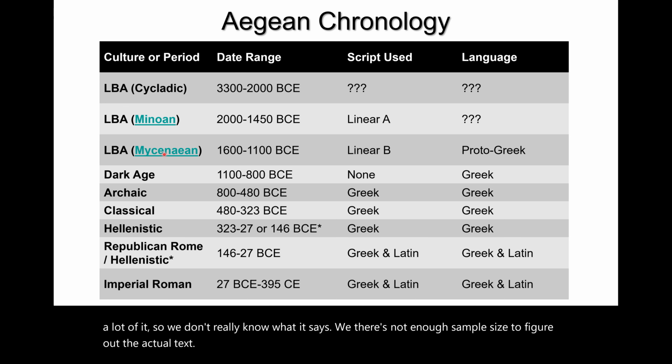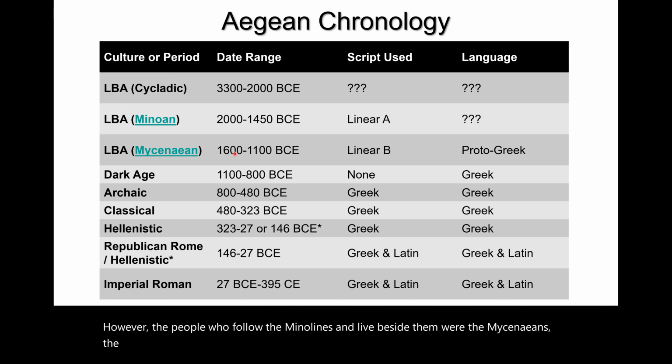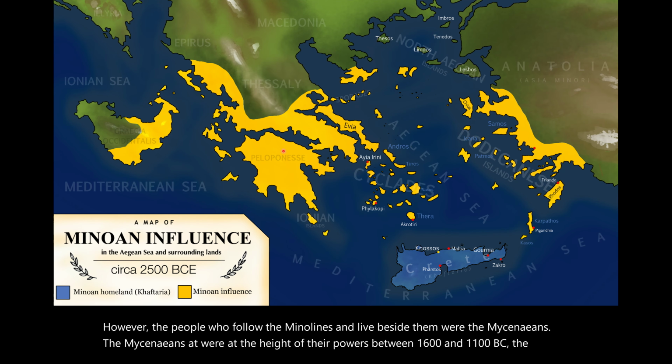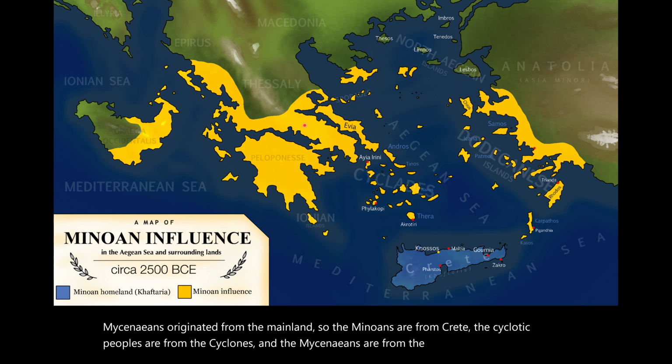However, the people who followed the Minoans and lived beside them were the Mycenaeans. The Mycenaeans were at the height of their powers between 1600 and 1100 BC. The Mycenaeans originated from the mainland, so the Minoans are from Crete, the Cycladic peoples are from the Cyclades, and the Mycenaeans are from the mainland.